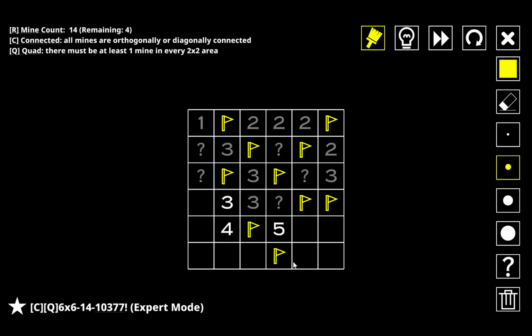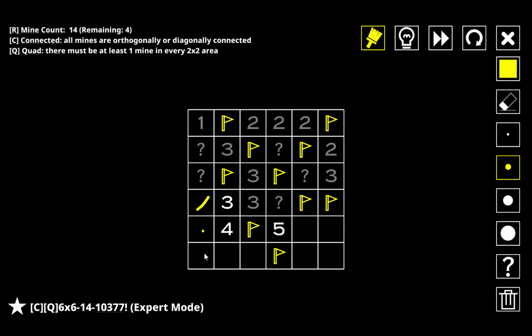And then, I guess this also tells us that there is a mine here, but I wonder if we can use this, the idea it's going to connect up this way, in conjunction with this 4 for something. This is kind of what I'm thinking is maybe, for instance, let's assume that both of these mines are right here, right? I don't actually know if this tells us anything on its own, but no, not necessarily. Maybe it's better to start with the assumption that this one's a mine. Okay, sure.